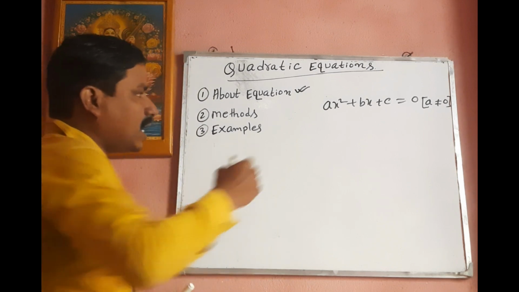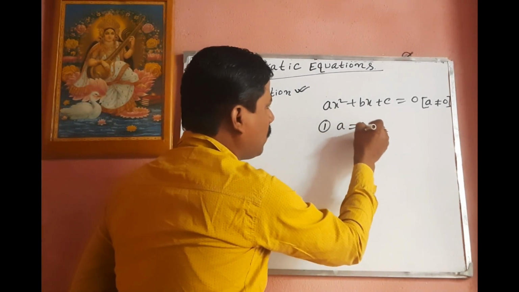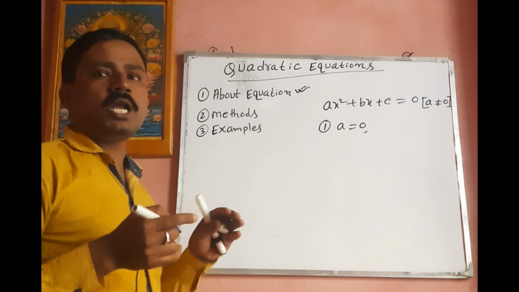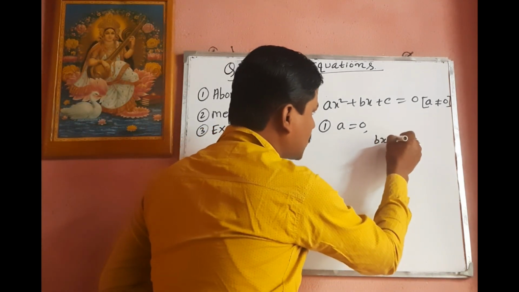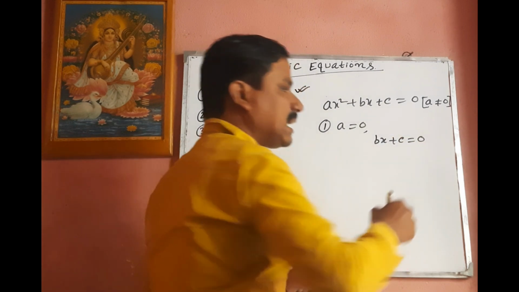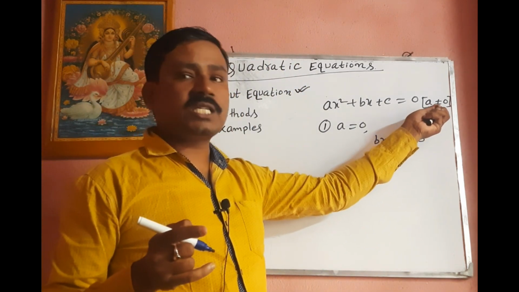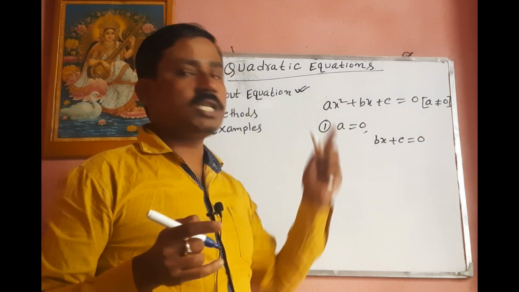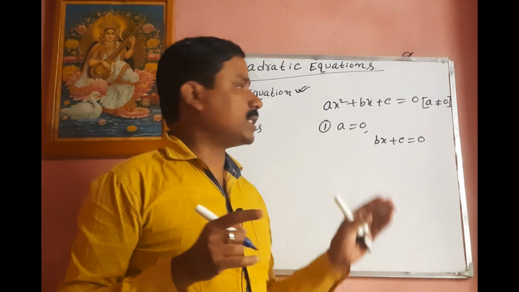Now this is the first feature: if a is 0, then this equation is converted to bx plus c is equal to 0, that is a linear equation. So this condition is necessary for this equation to be called a quadratic equation.